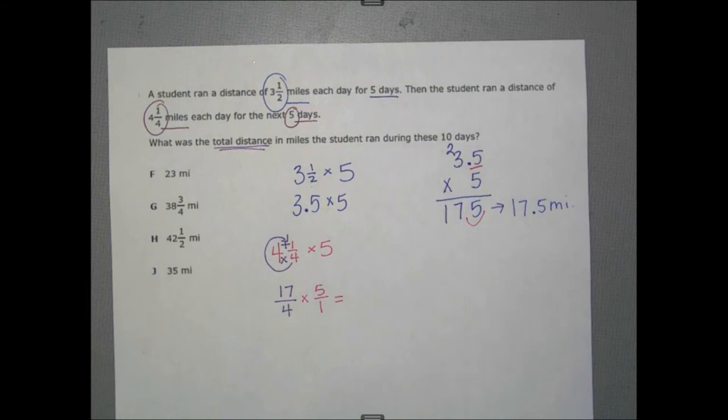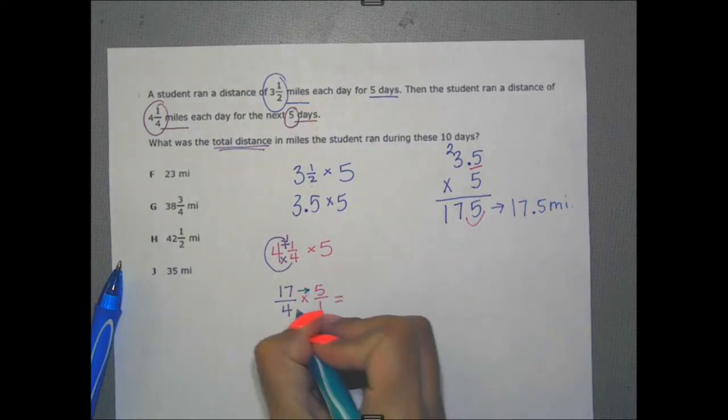Now, when we multiply fractions, we multiply across. All right? So I'm going to do 17 times 5 and then 4 times 1.